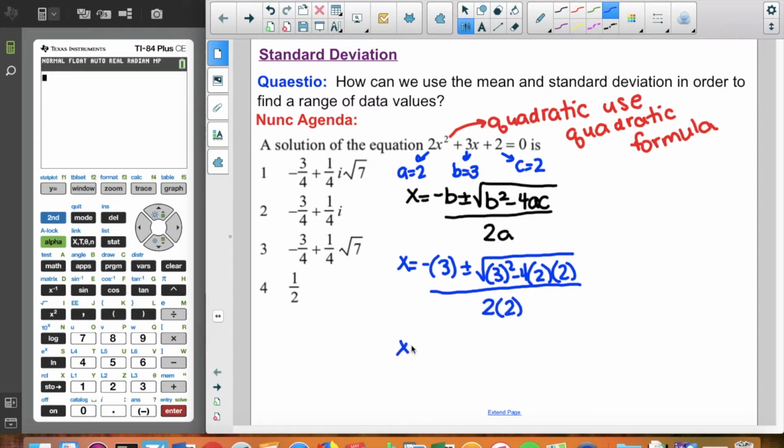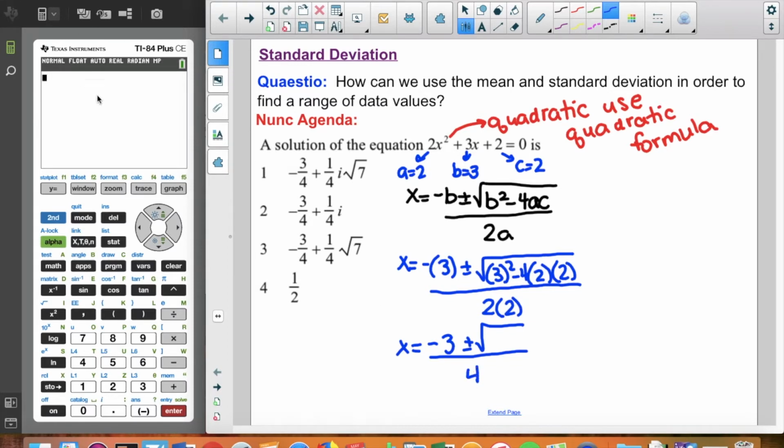Okay, so now we get three numbers from here. We get this number in the front, we get the number underneath the radical, and we get the number in the denominator. So negative 3 stays negative 3. 2 times 2 is 4.